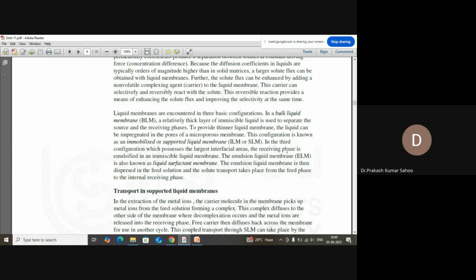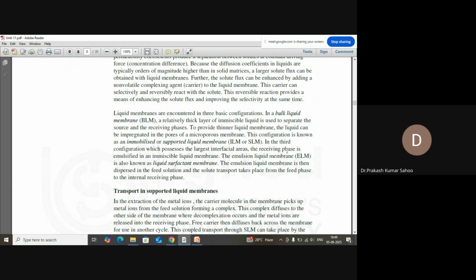In the liquid membrane process, we have the bulk liquid membrane, BLM, a relatively thick layer of immiscible liquid which is used to separate the source and the receiving phases. To provide a thinner liquid membrane, the liquid can be impregnated in the pores of a microporous membrane.